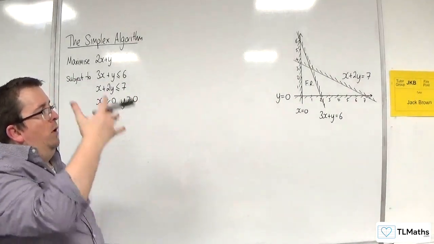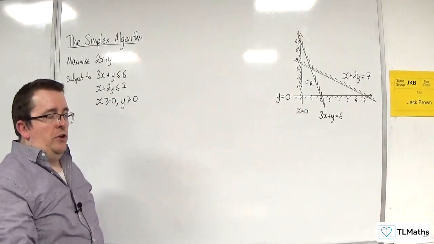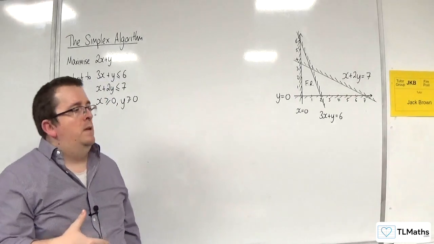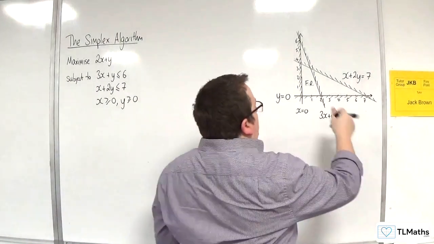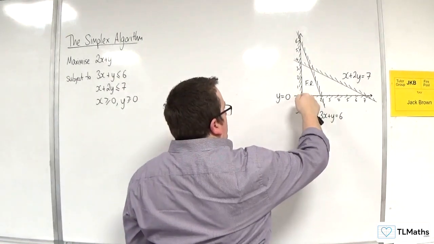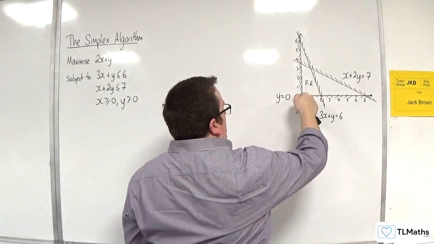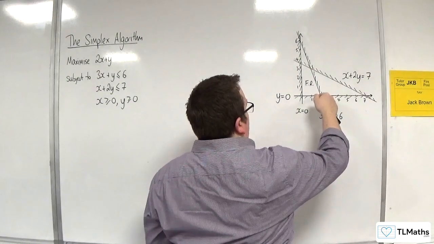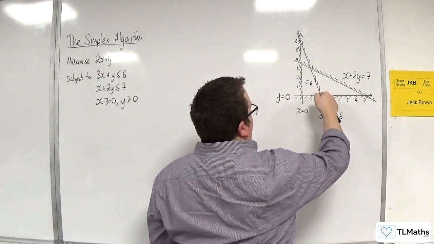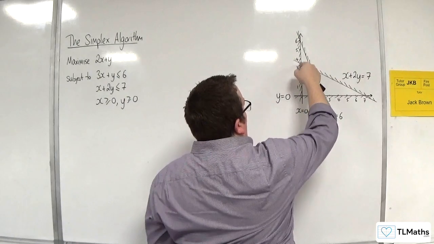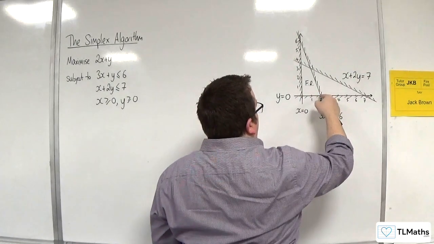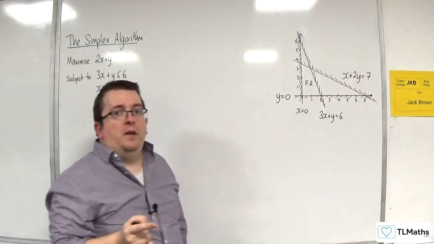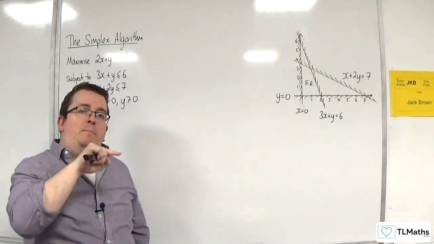So what the simplex algorithm has to do is test the vertices. It starts from the origin, and with every iteration, it moves along one of the lines from the origin to one of the vertices. So it could go that way, or it could go that way. And once it's at that point, it judges whether the solution can be improved.